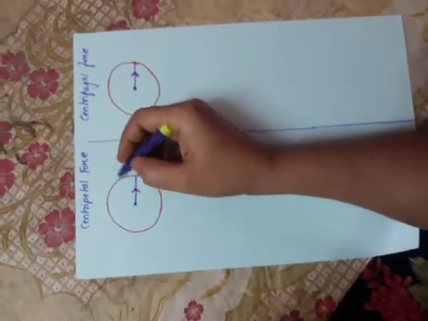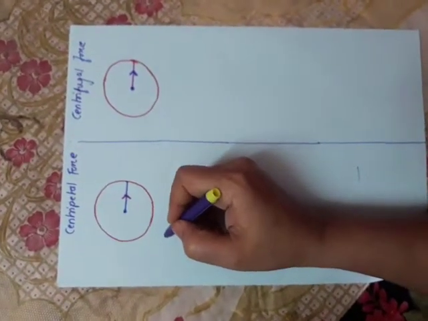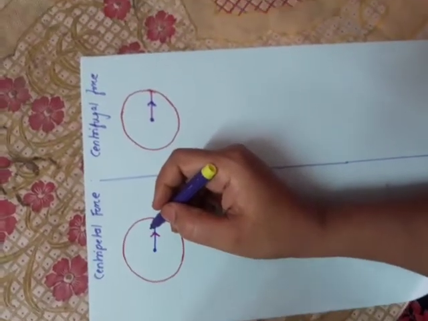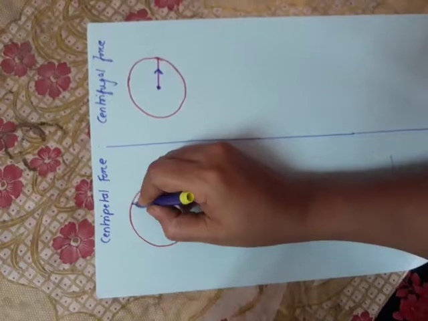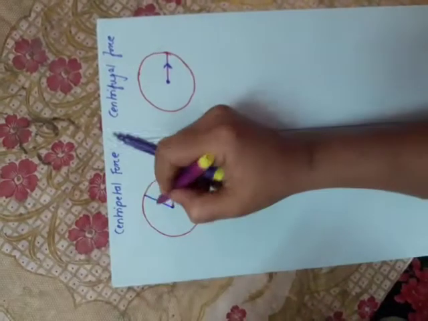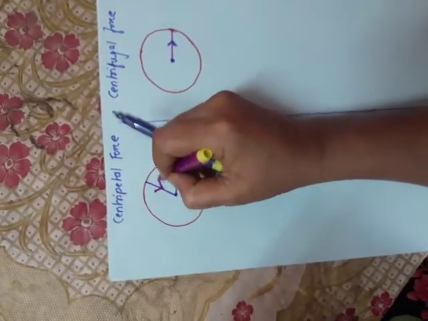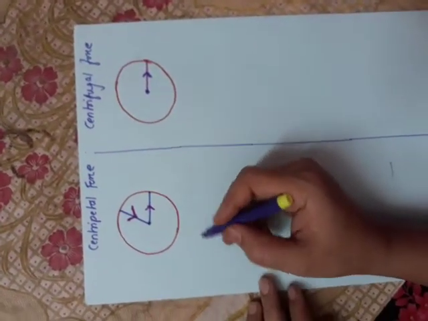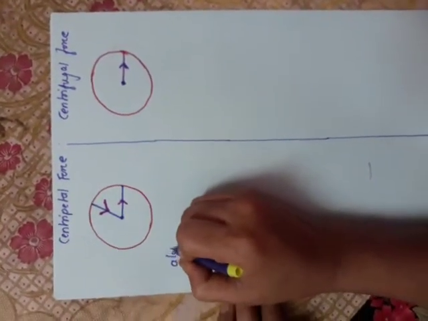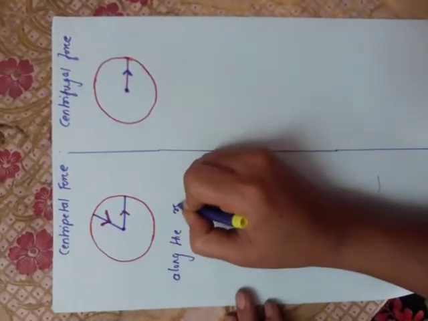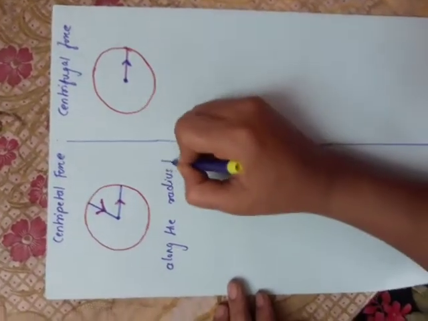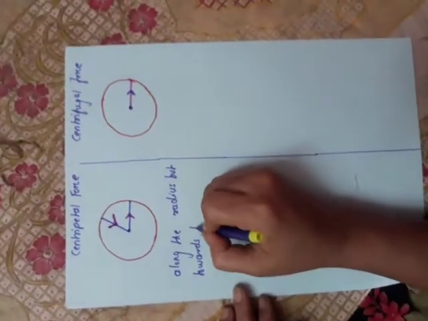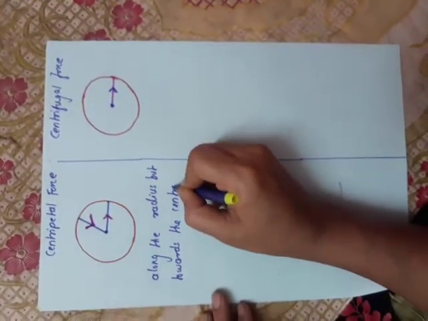Because this is the force which is directed along the radius but towards the center of the circle.